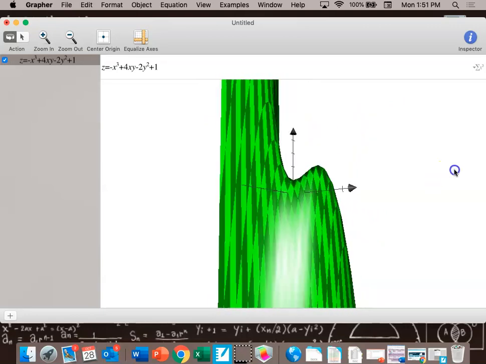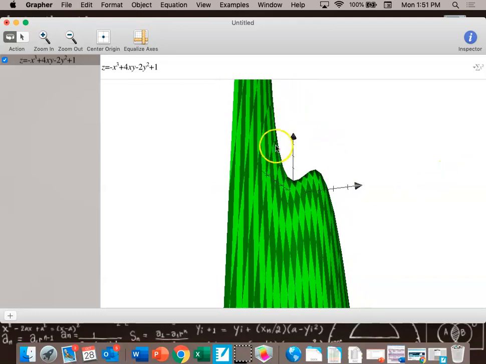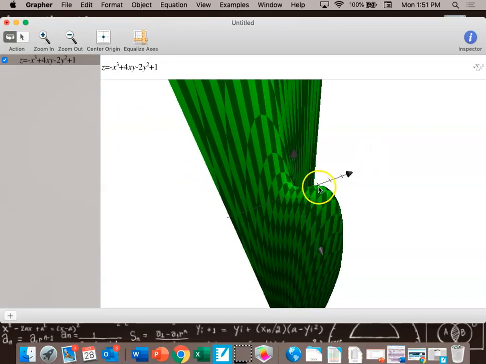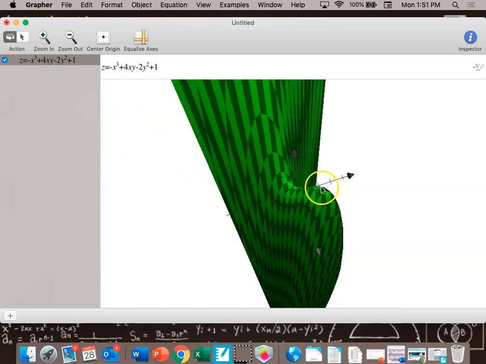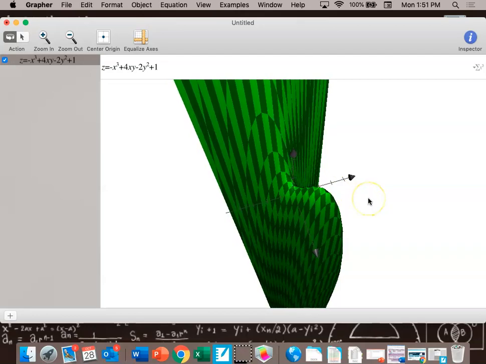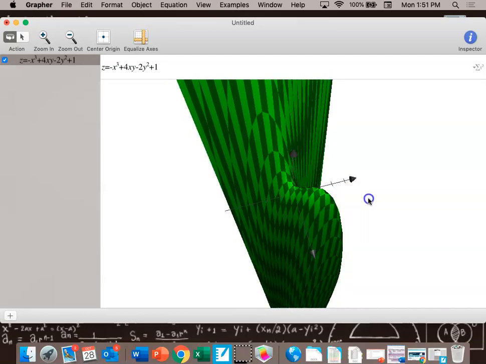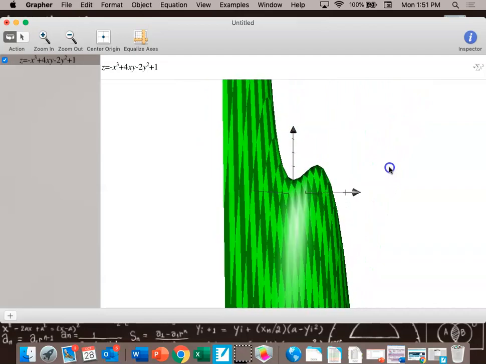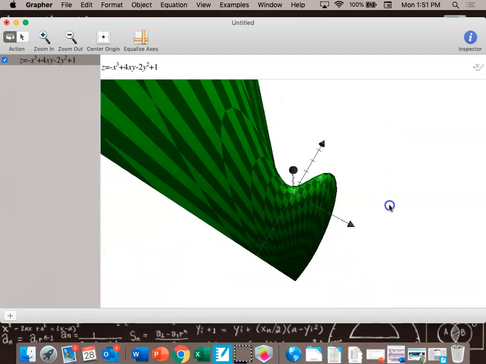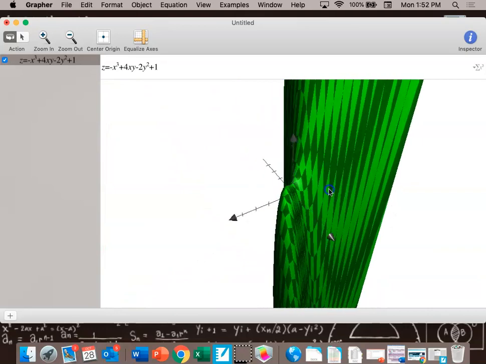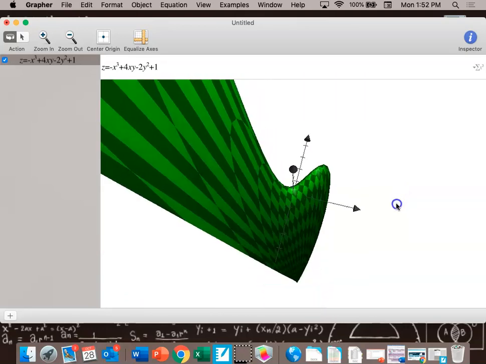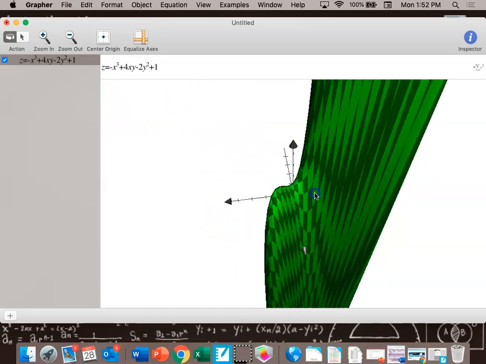See how this way it's a min, but if you look this way, it's a max. And then this must be the point 4/3, 4/3, whatever that z value is, which is just a regular local max. No other local extrema, just those two interesting points. Kind of a fun little graph, right?